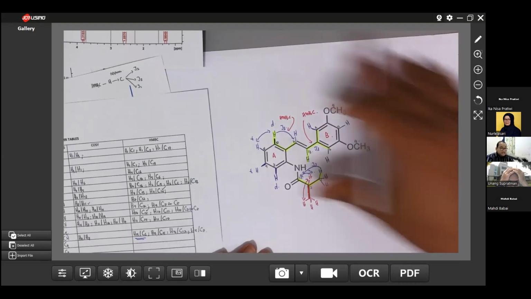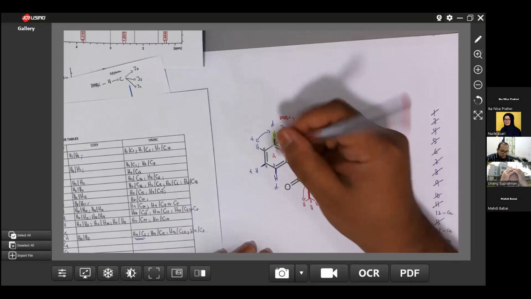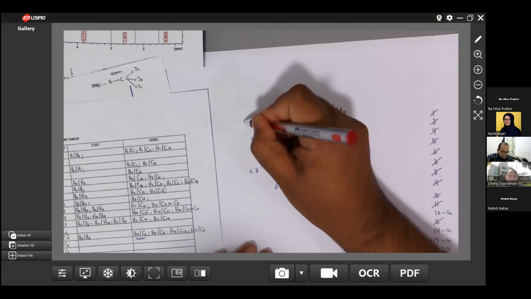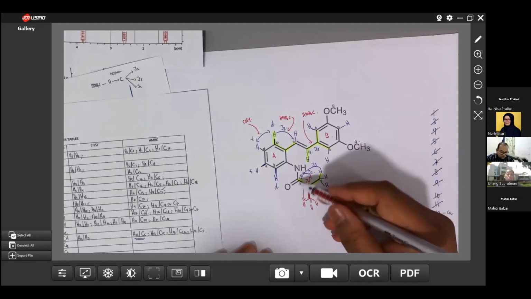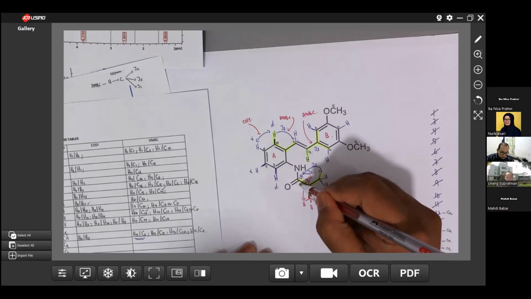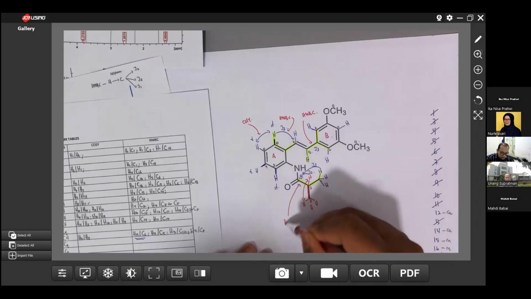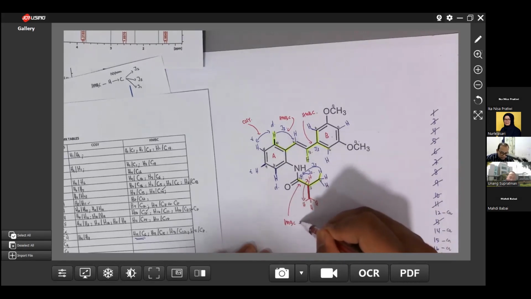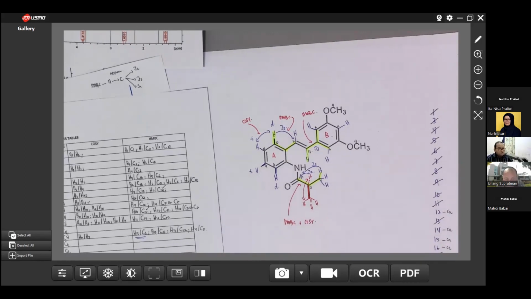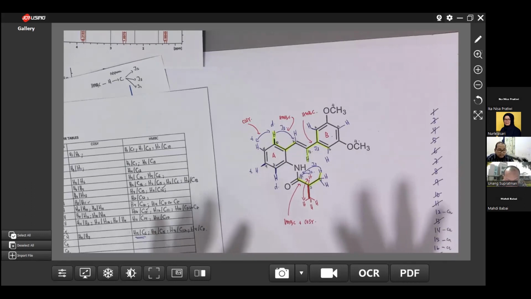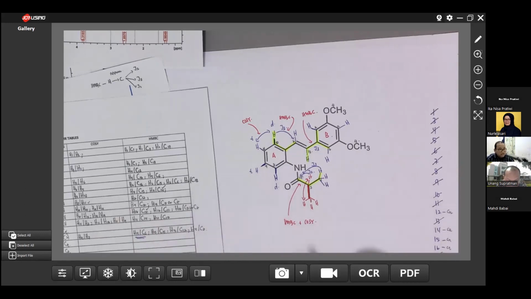Inside the system, what you can use is, for example, like this one, COSY. And for this one, of course, you have to use HMBC plus COSY. Don't be afraid if you get very complicated structures, try your best.